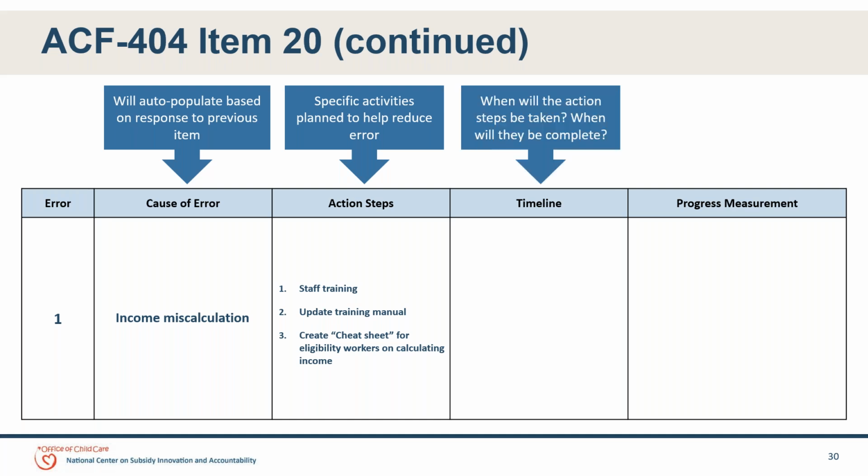In the next column, which is timeline, we want you to share when the action steps will be taken and when you anticipate they'll be complete. If you have multiple action steps, please use numbering again to ensure that they align with what was entered in the previous column, as you can see here.